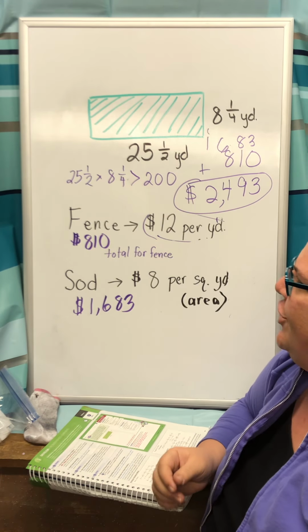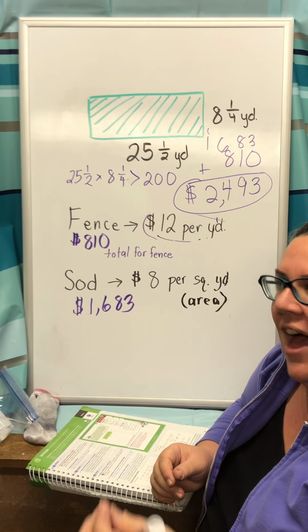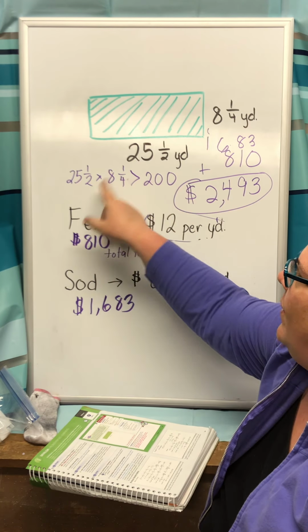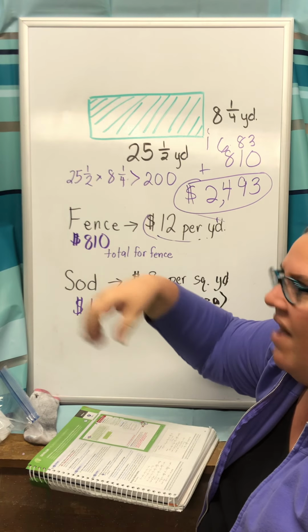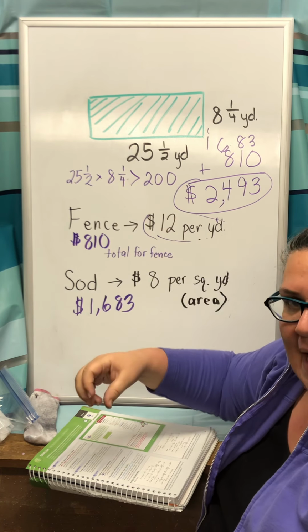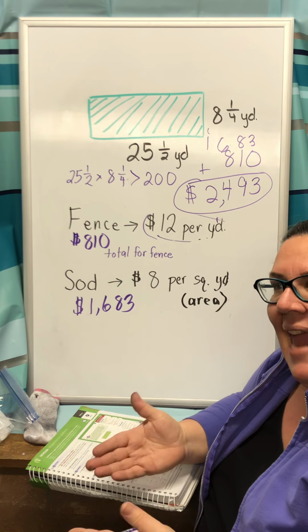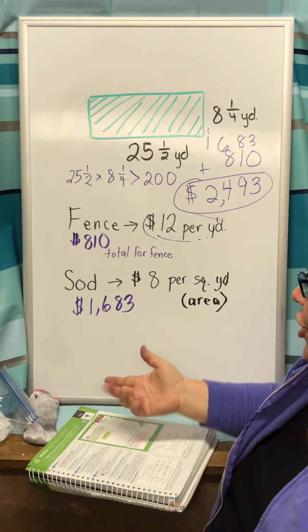So if I did 25 times 4, I know I get 100. If I did 25 times 8, I know I get 200. But I actually know it's going to be bigger because I have more than 25 and I have more than just 8. So because those numbers are both bigger than the numbers that get me exactly 200, I know my answer is going to be slightly larger.